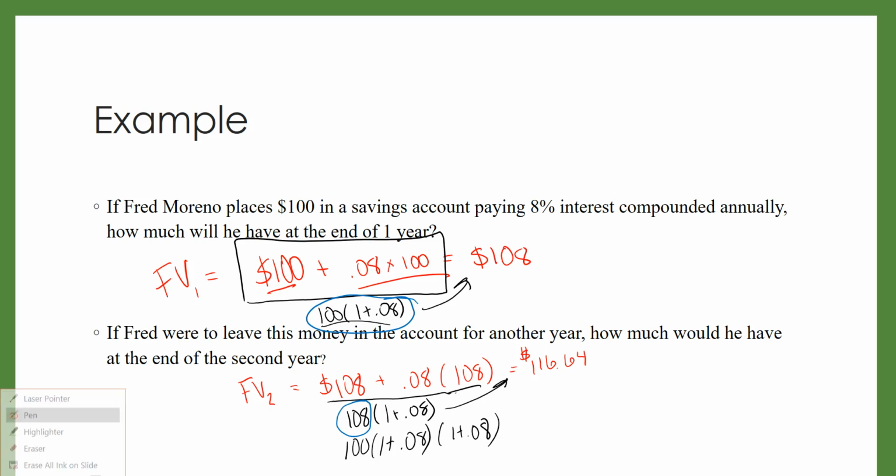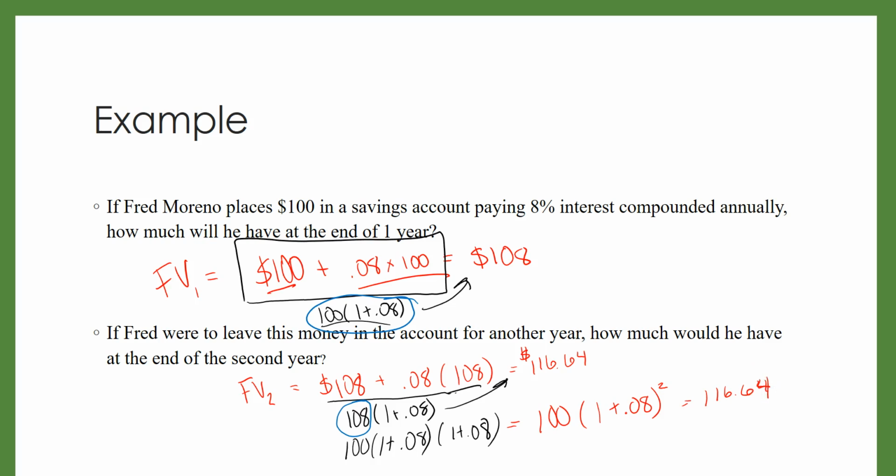So now, looking at this, we could say 100, and combine like terms, 1 plus 8% times 1 plus 8%, so that's 1 plus 8% squared, is equal to 116.64. It's just different ways of writing the same equation.